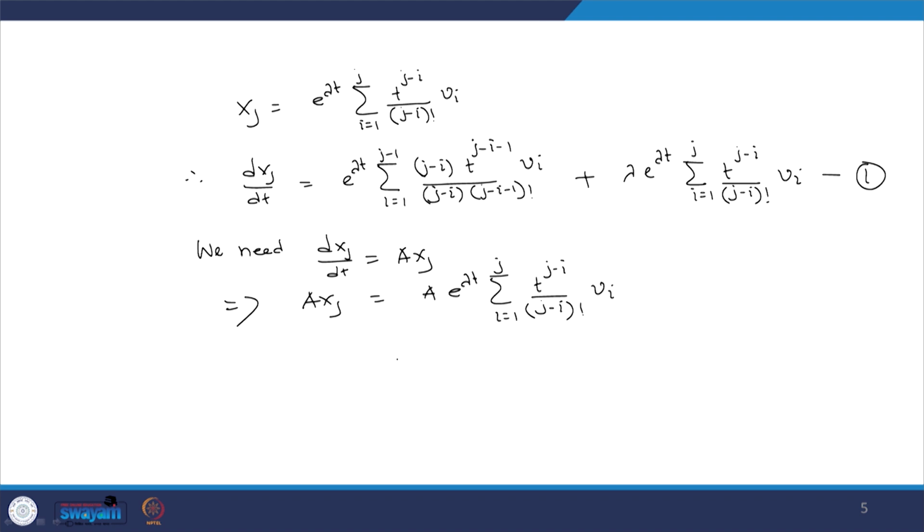This can be written as e to the power lambda t, a scalar quantity, taken out, and I can bring the matrix inside the summation: t to the power j minus i by (j minus i) factorial into A Vi. This is my second equation.